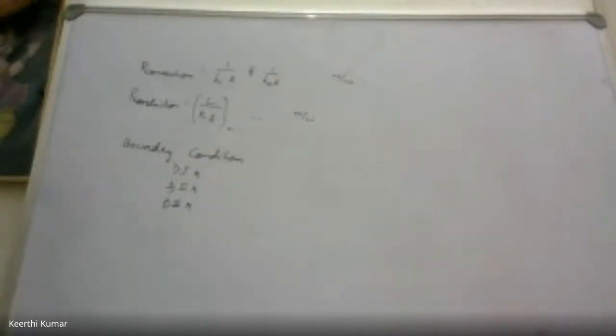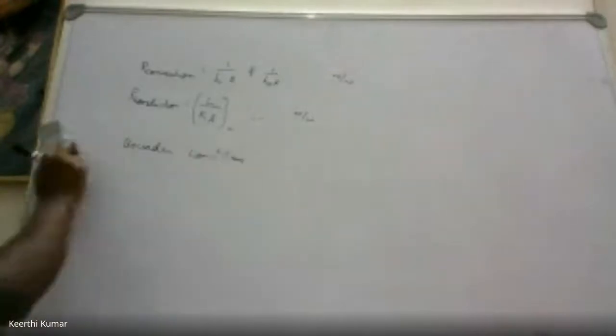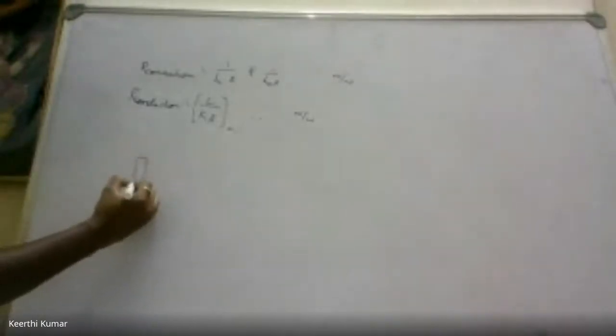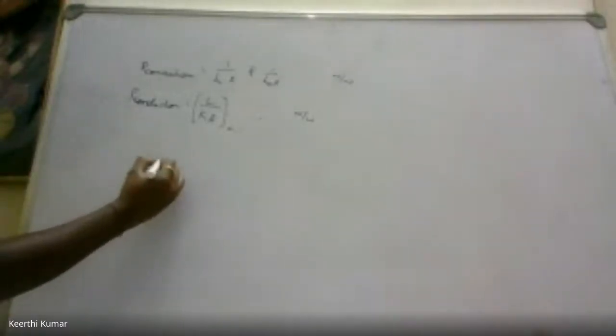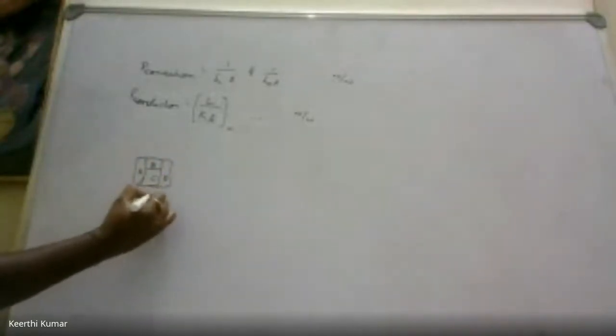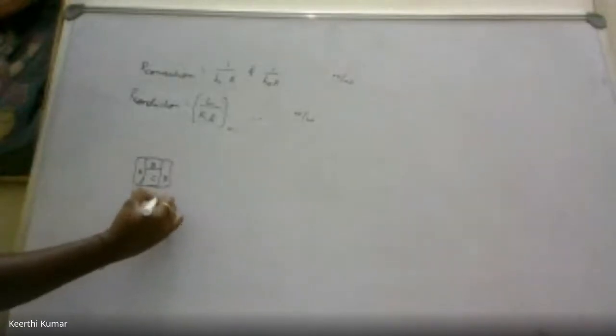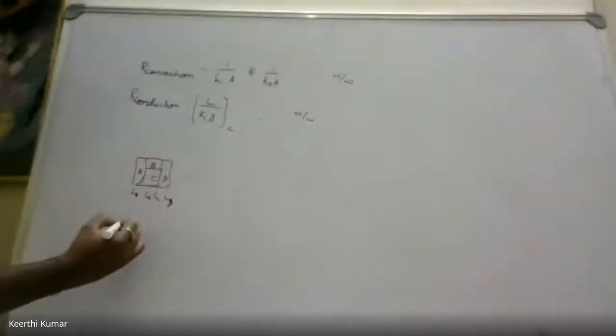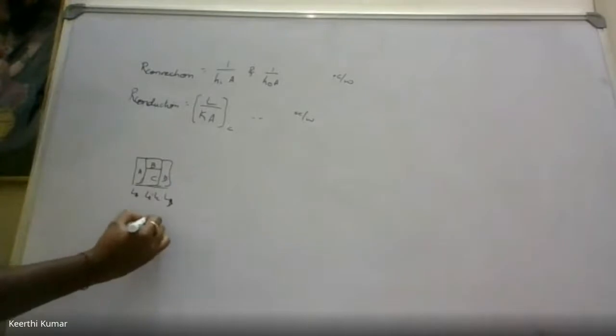And one more: if the slabs are arranged in parallel, the figure I have shown is in series. If the slabs are arranged in parallel like this, this is A, B, C, and D. Length of B is equal to length of C. In this case, the electrical analogy is like this.